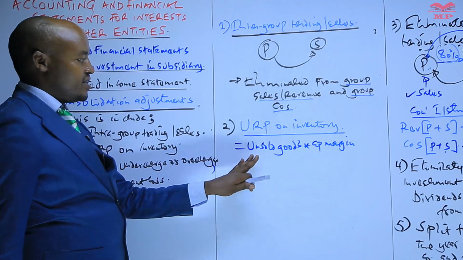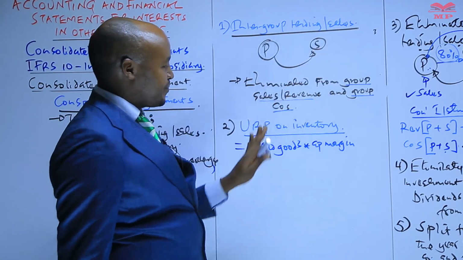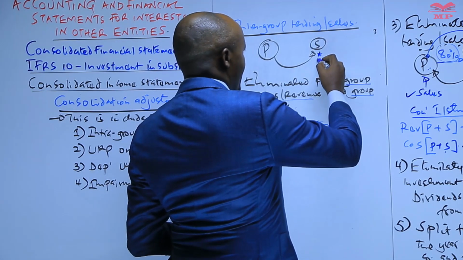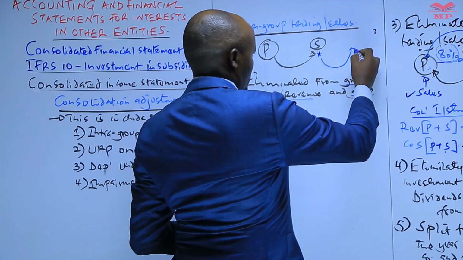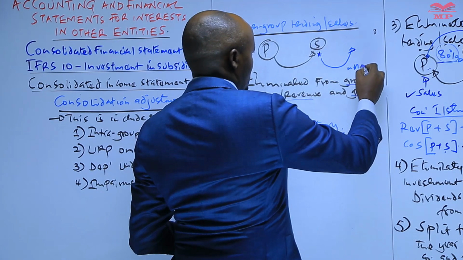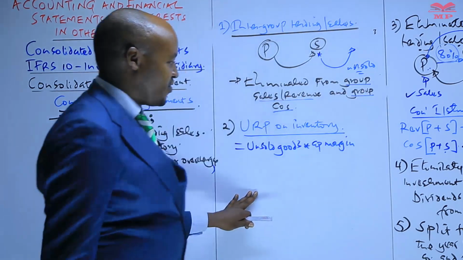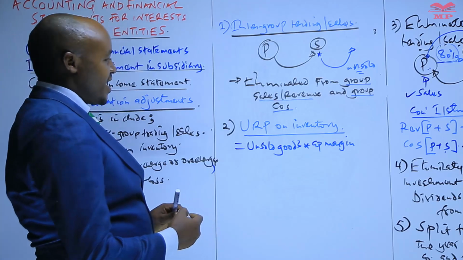Actually, we said unrealized profit arises where we have sales between the group members, but the goods which were sold to the buying company or the purchasing company remain unsold, or some of those particular goods will not have been sold to third parties, and remain unsold at the end of the year. So the profit reported on those goods not yet sold is unrealized profit.